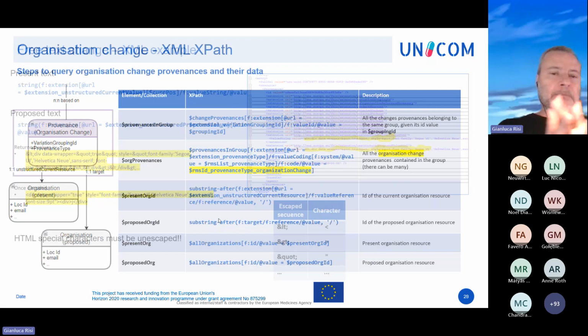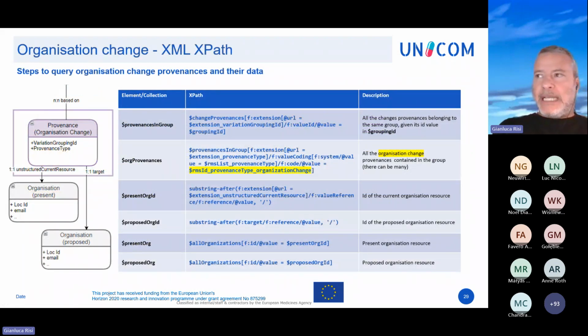So that was about the text change. In case of the organization change, we would make the same steps we made before, but as I said before, since I have already cached inside the variable called provenances in group all the provenances of a given grouping ID, I can reuse this variable to extract the provenances of type organization change.